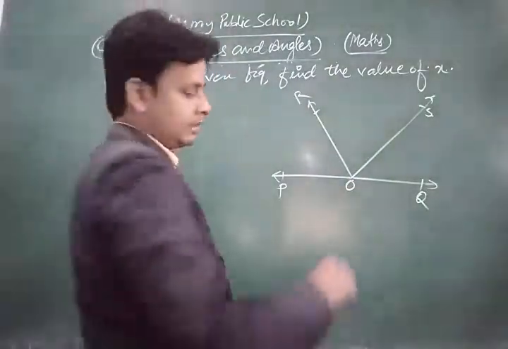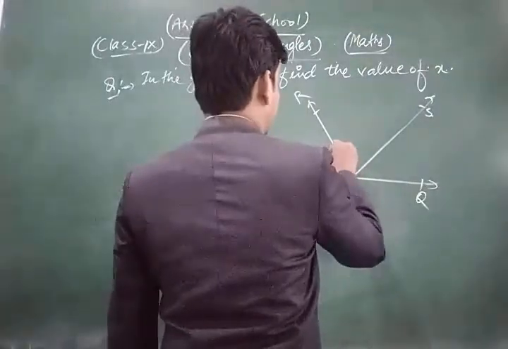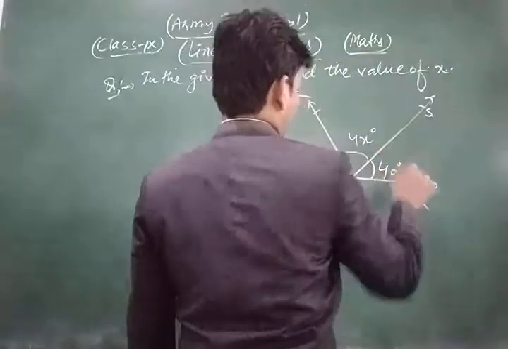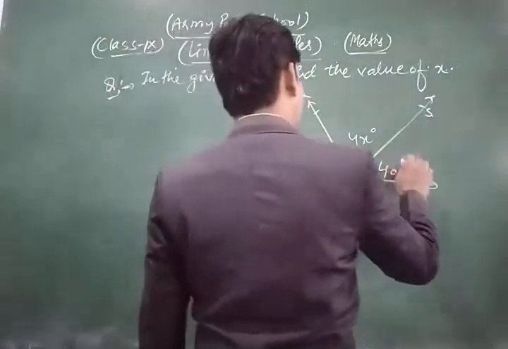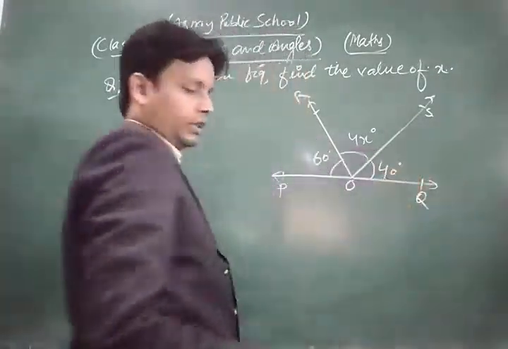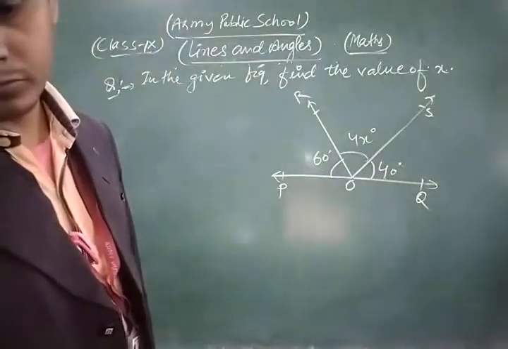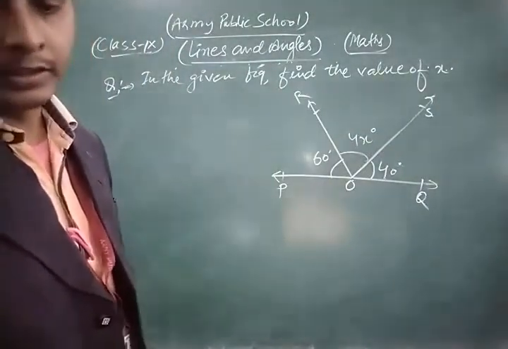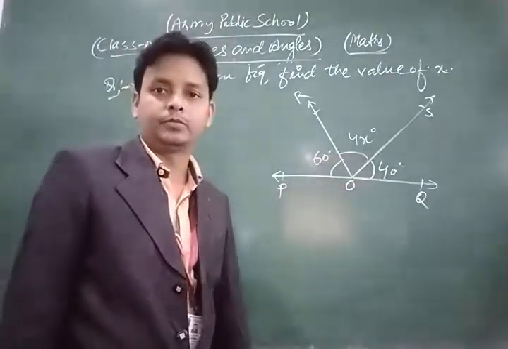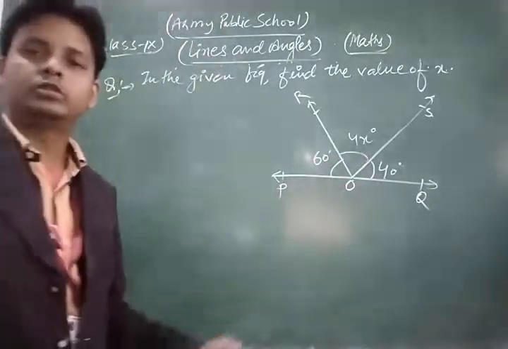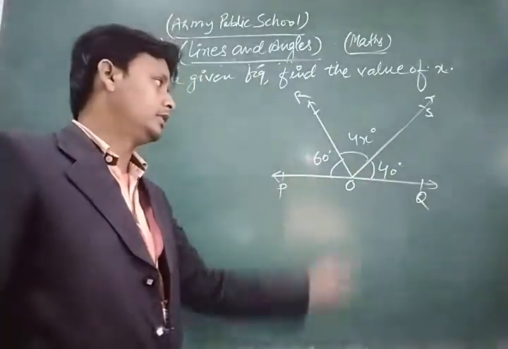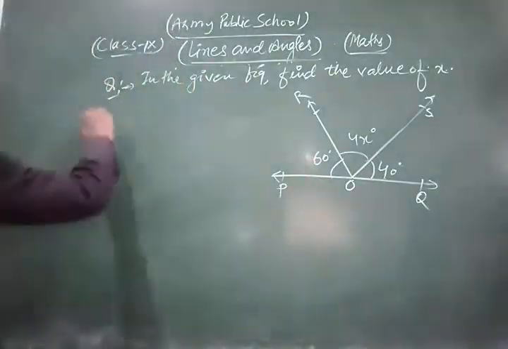The angles are 60 degree, 4x and 40 degree, and find the value of x. This is a question based on lines and angles, and the topic is linear pair. Now let's see its solution.